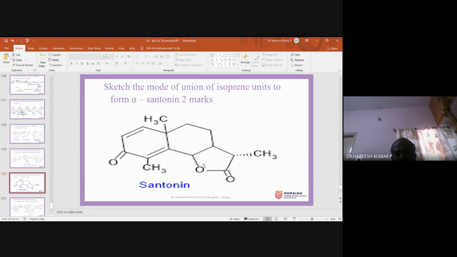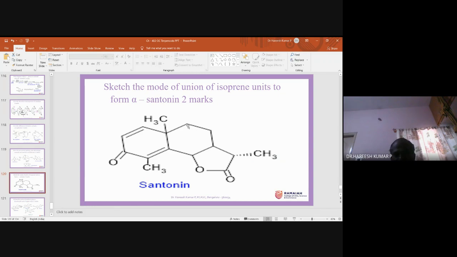Here you need to identify the isoprene units present in this santonin. You can start with this carbon: 1, 2, 3, 4, 5, up to this carbon is one isoprene unit.